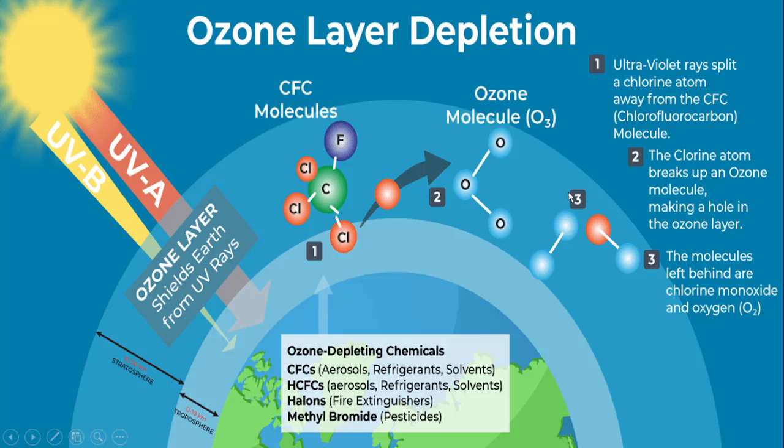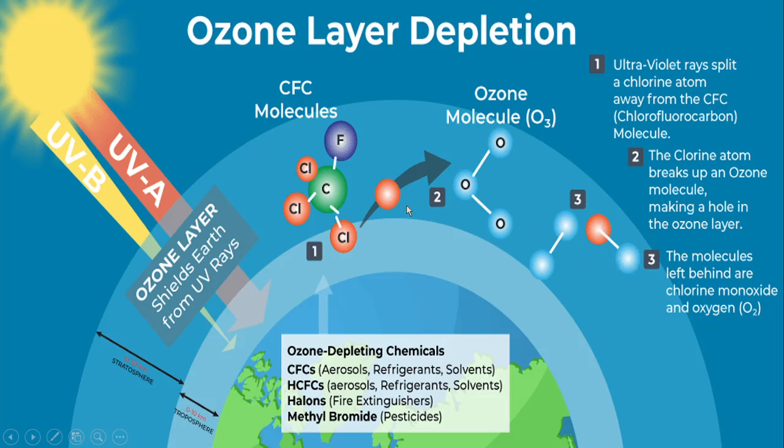How is it happening? Basically, the chlorofluorocarbon comes in contact with the ozone and forms oxygen and ClO, chlorine plus oxygen, and after that the same thing goes on again with other ozone. So the ozone is broken into oxygen and chlorine plus oxygen.